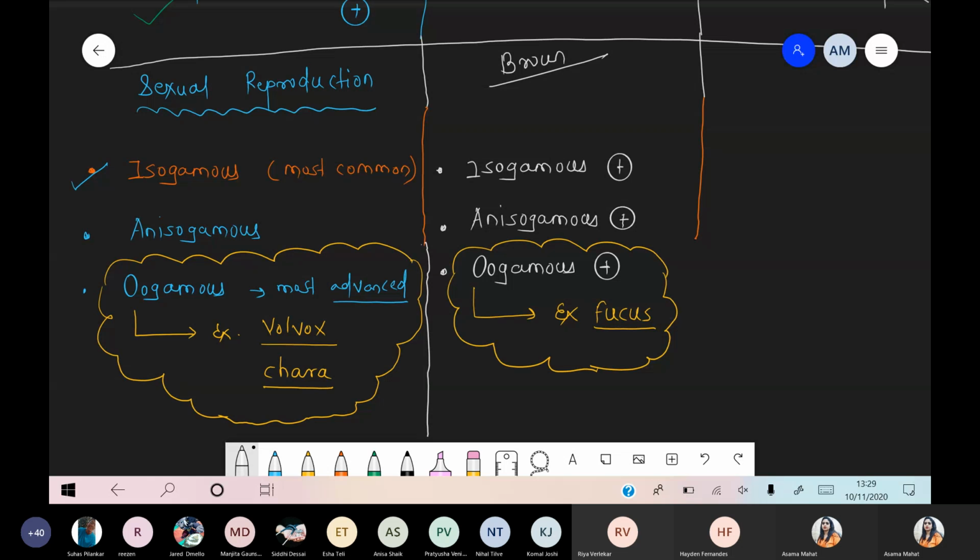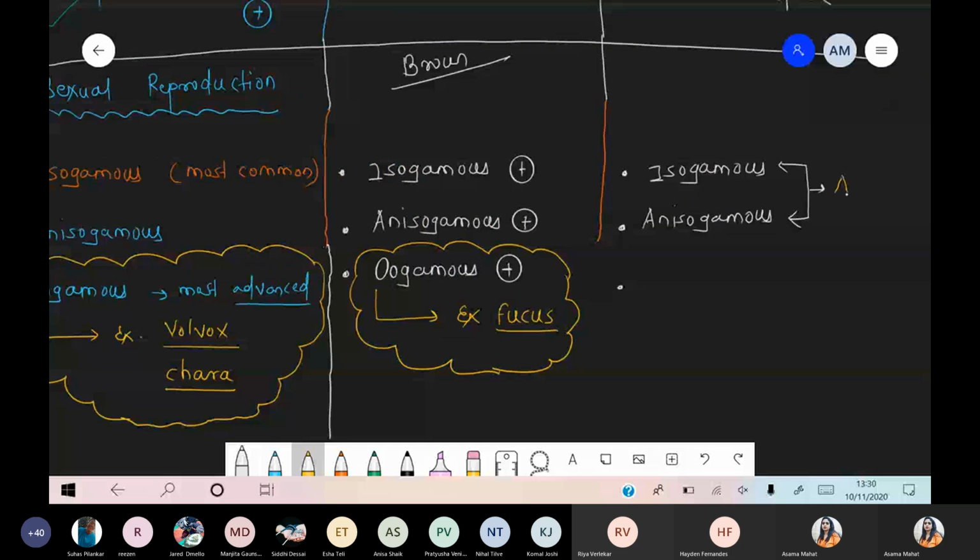In case of red algae, the first two types, isogamous sexual mode of reproduction and anisogamous sexual mode of reproduction, both are totally absent.